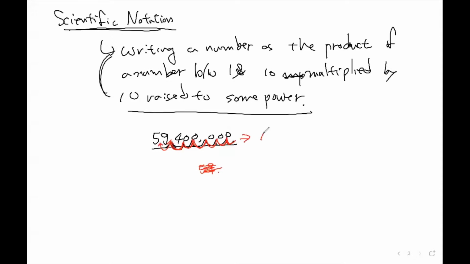So it must be 5.94, and then indicate the power of 10 needed for the move.